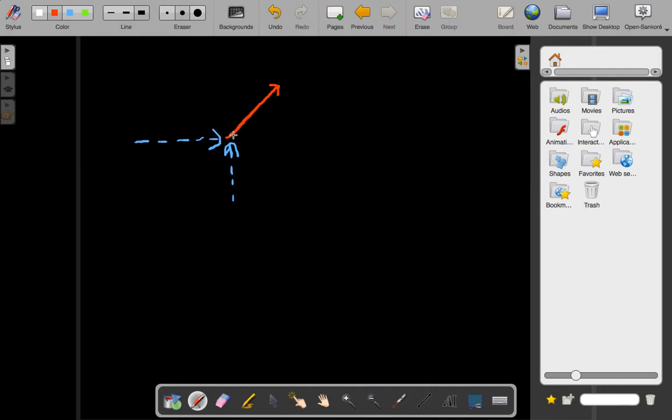That's all we're told. But if you look at it carefully, this really just is the vector components of this vector. So if we draw that again, we can do this.